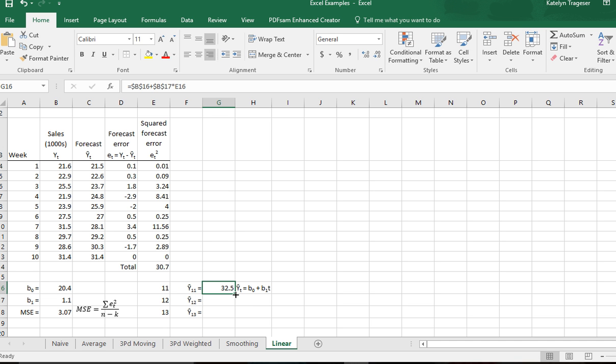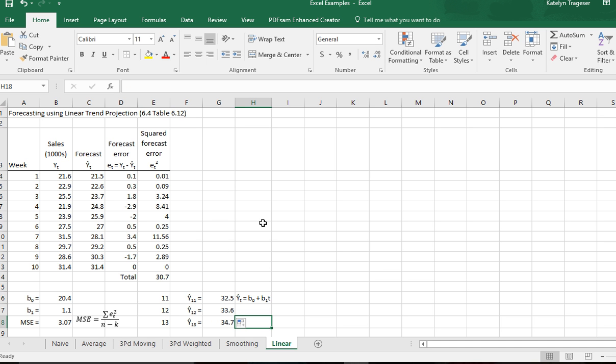Time we left as a relative cell reference so that we can go ahead and copy our formula down. And we can see that we have the forecasts for weeks 11, 12, and 13. Forecast for week 11 is 32.5, week 12 is 33.6, week 13 is 34.7.